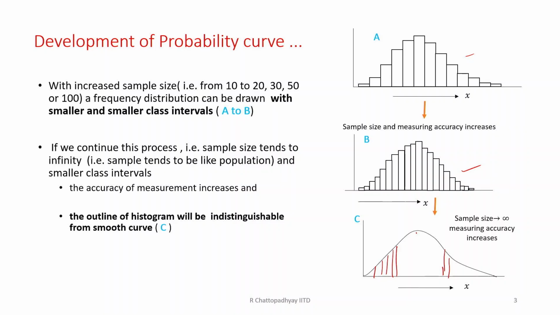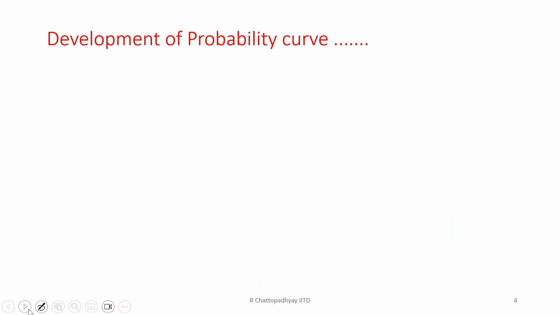So that is how the outline would look like. It becomes almost like a smooth curve.